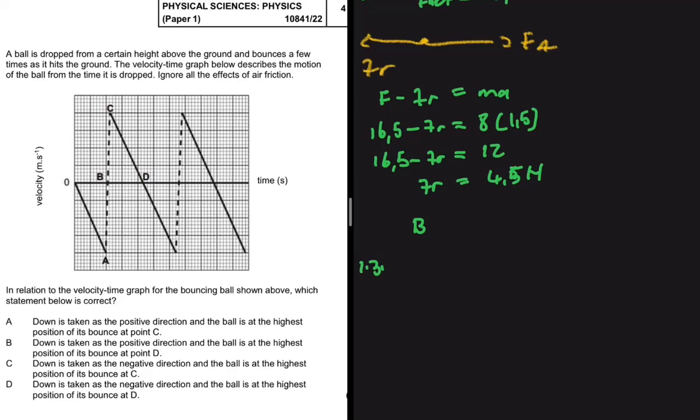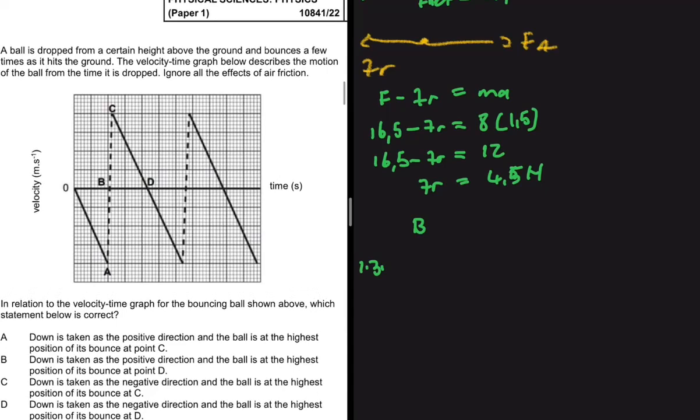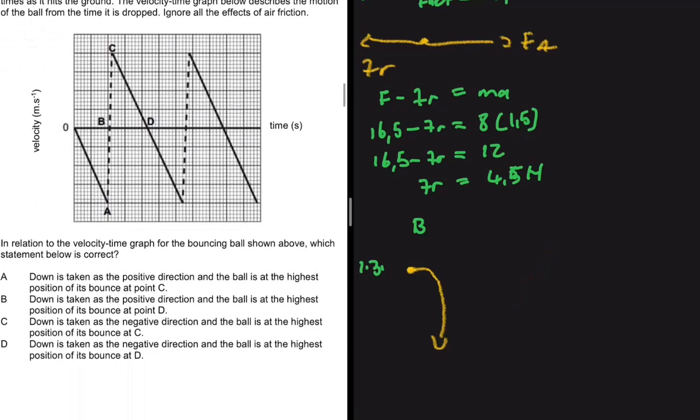A is saying down is taken as positive direction. So let's look at that. Our ball is being dropped from a certain height and it starts going down. So if down was taken as positive, then our VT graph should immediately go up, but it is immediately going down. So we're taking up as positive and down as negative, right? So option A, we know that it is already not correct.